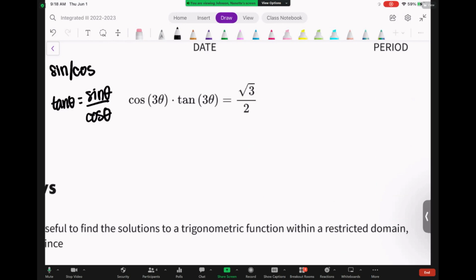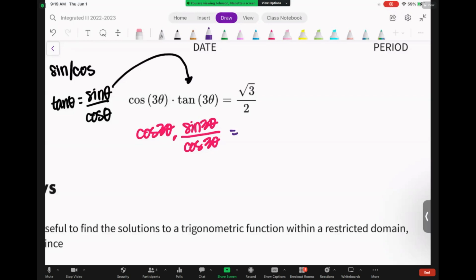The 3 just comes along for the ride. Does that make sense? All right, so that's going to go right here. So this is going to be sine 3 theta over cosine 3 theta times cosine 3 theta, and that's still going to be equal to root 3 over 2.